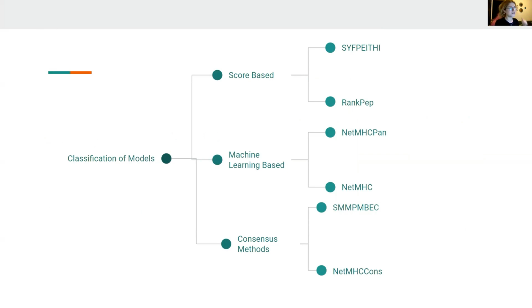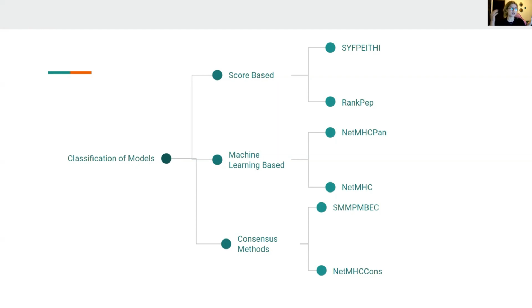Rank path, and SYFPEITHI is the first model used in any of these protein binding models, from around 1999, when people realized we can actually use math for this, because the biological way takes more time and is more expensive for finding protein binding affinity.